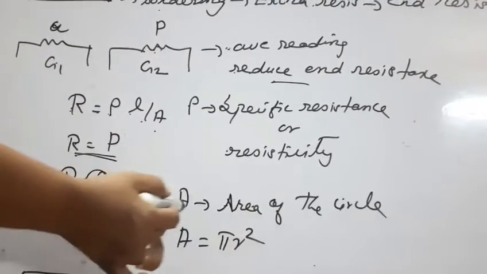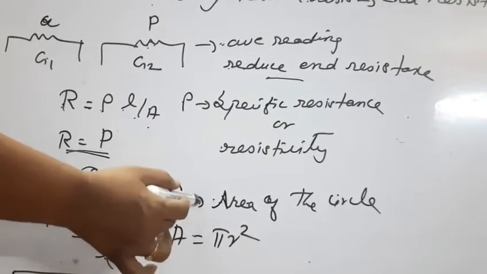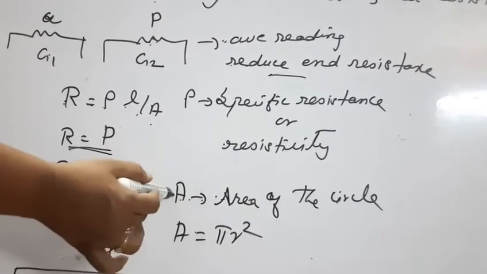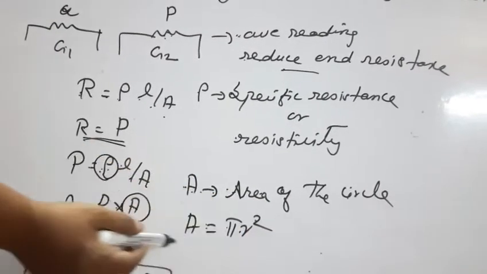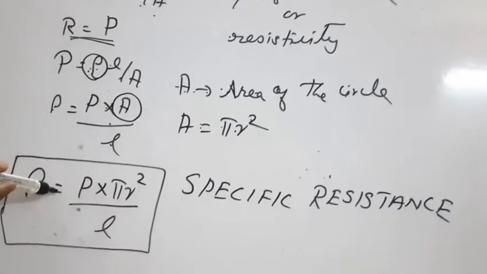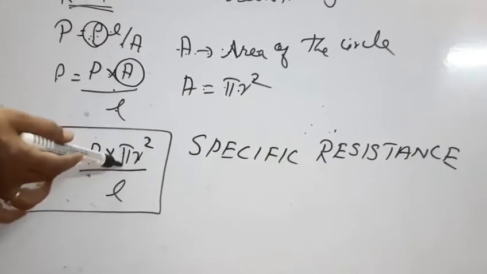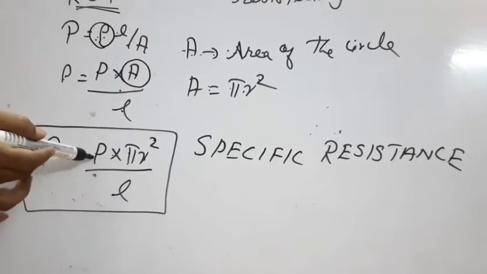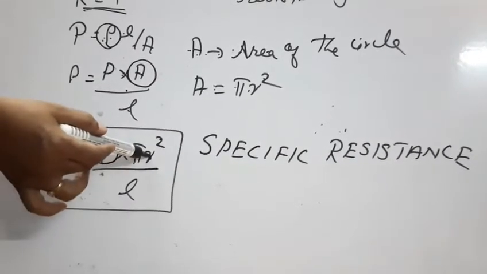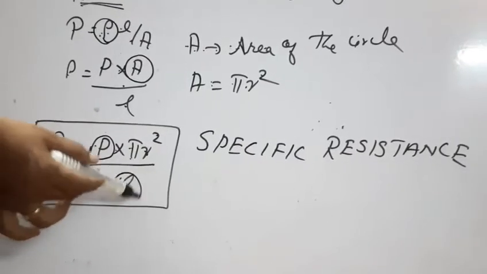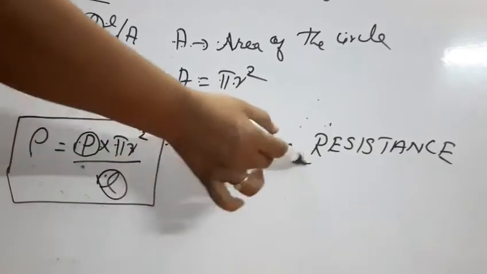The wire looks like a circle, so the area of the circle is pi r square. Therefore the specific resistance rho equal to P into pi r square by L. Here the P value we have calculated, and pi r square is a standard value and L is also constant. So we can easily calculate the specific resistance.